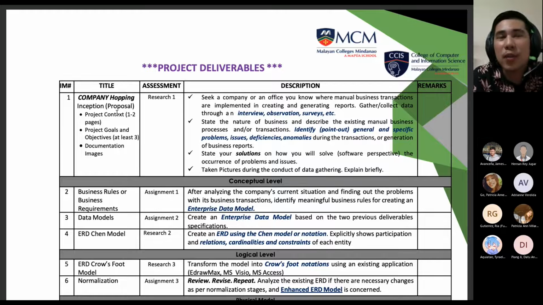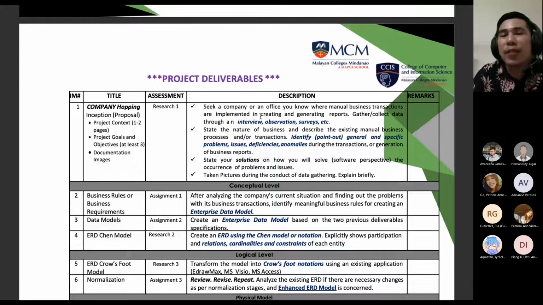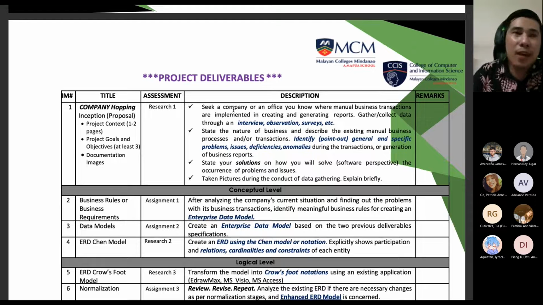That is supposedly the idea, but this time, if you cannot do that due to the challenges of the pandemic, you can use a fabricated company or a fabricated organization.